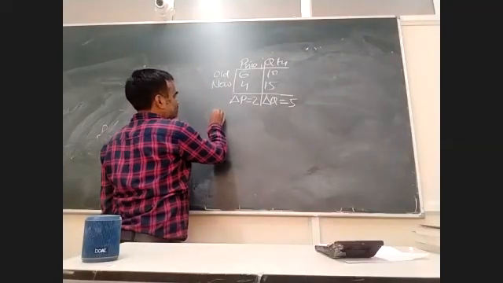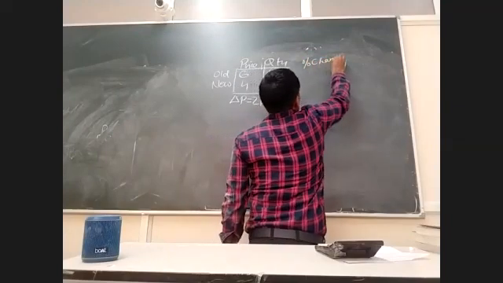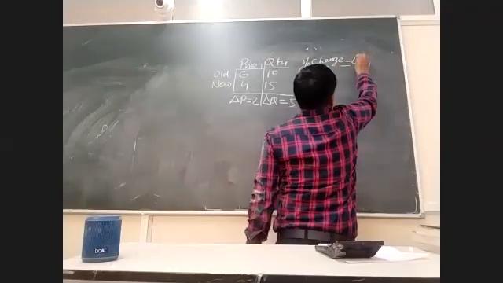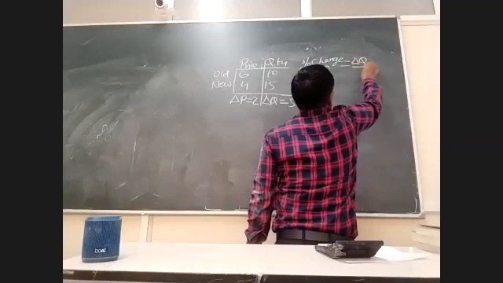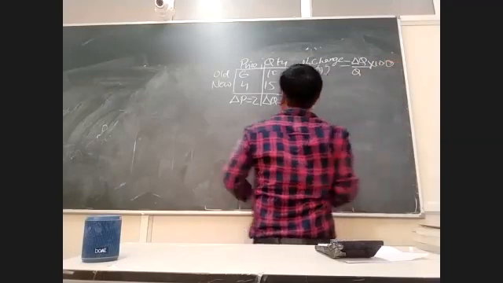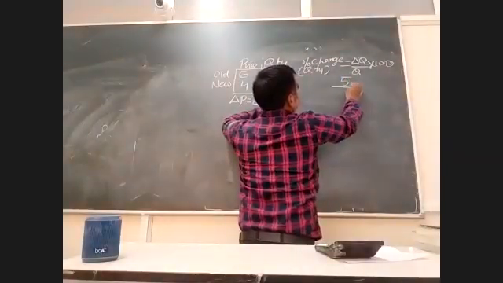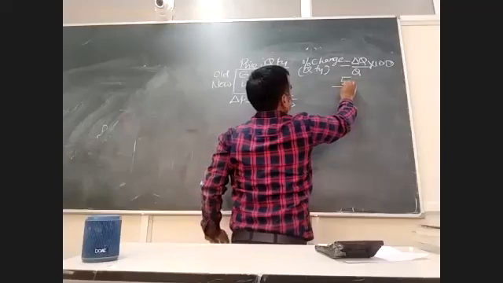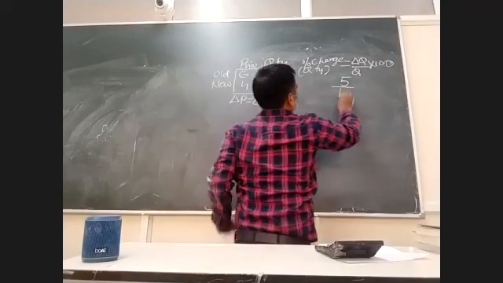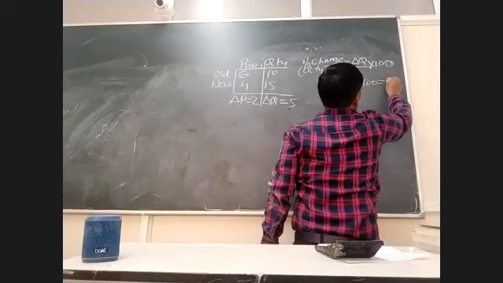The change in quantity is 5 and the original quantity is 10, into 100. That will be 50%.